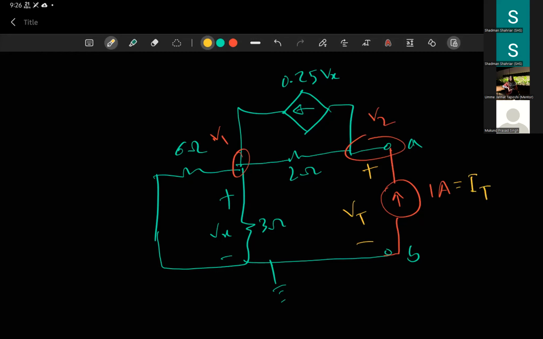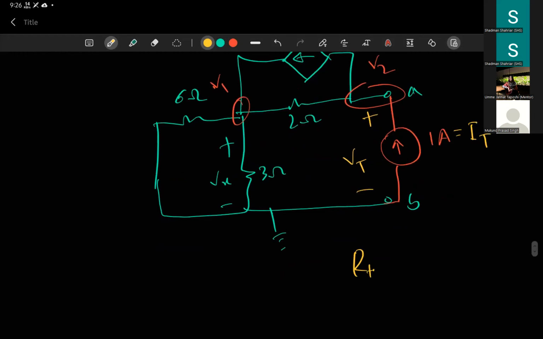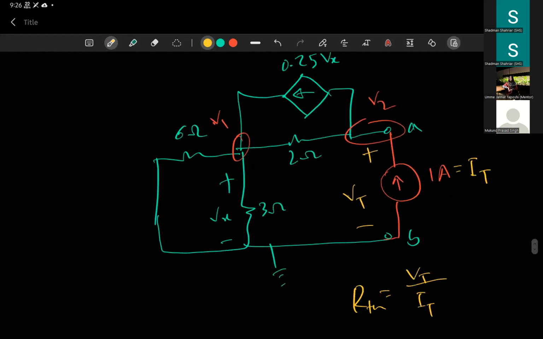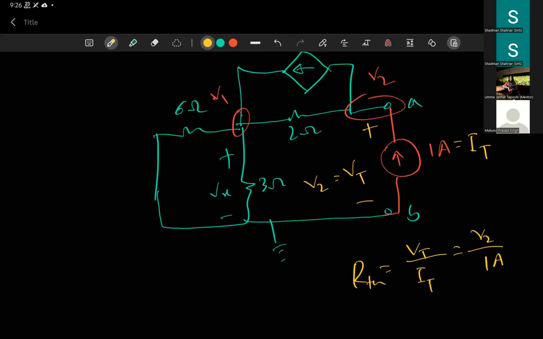Your RThevenin should be VT over IT. Whatever the value of V2 you get, V2 divided by 1 ampere, that value of V2 is your RThevenin, because you are dividing by 1.